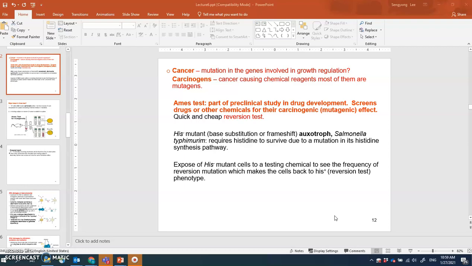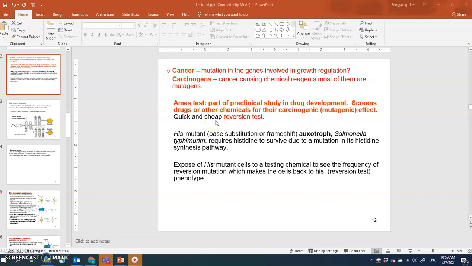The key here is this test is used to screen drugs or cosmetics for their potential carcinogenic effect, in parentheses mutagenic effect. Carcinogen, mutagen, I told you they are kind of similar. It's a very quick and cheap test, because it doesn't require animals.